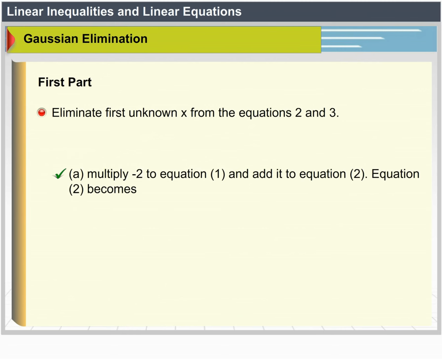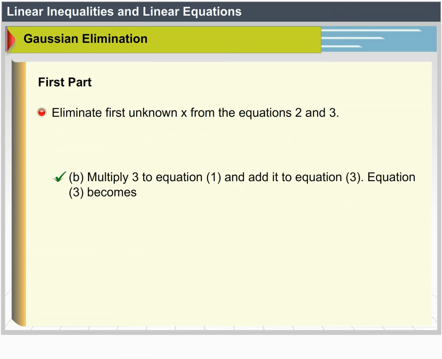A. Multiply equation 1 by minus 2 and add it to equation 2. Equation 2 becomes 2y plus 6z equals 6. B. Multiply equation 1 by 3 and add it to equation 3. Equation 3 becomes minus y plus 3z equals 9.